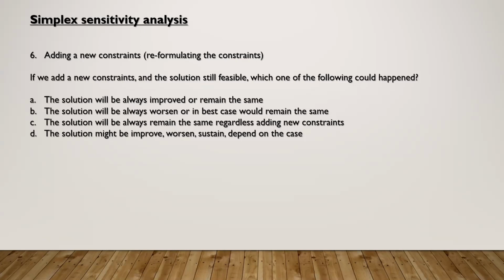You didn't consider it as a resource, and you just calculated your equation, and when you validate your model with the actual real life system, it doesn't match. Then you think, how about reconsidering a new constraint? So what will happen if I add a new constraint? Will it improve or remain the same as the original answer?